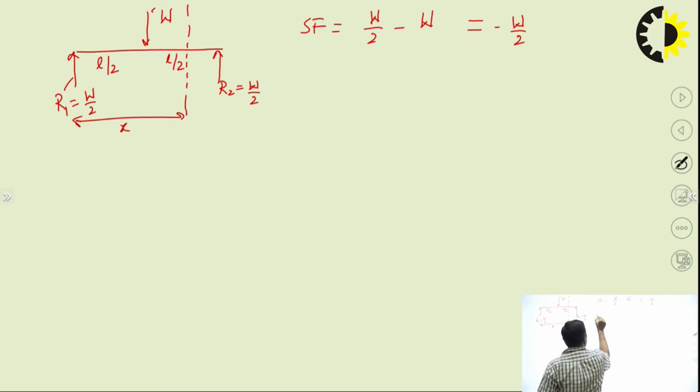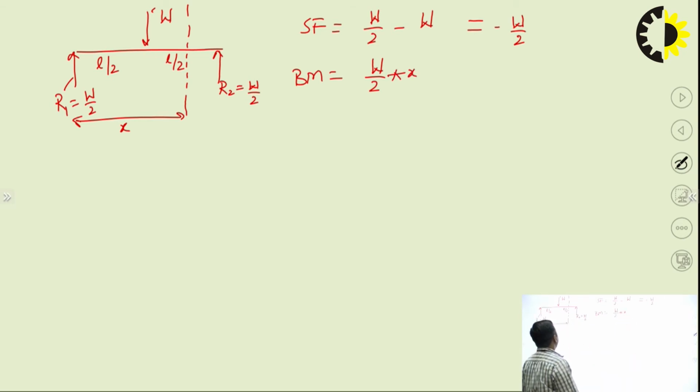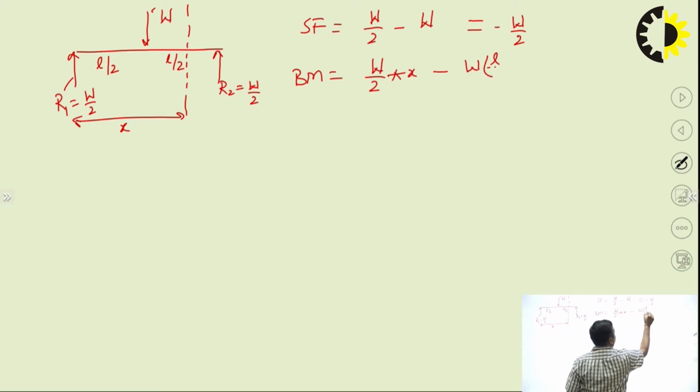The bending moment equation I will be writing here. It is also the algebraic sum of all the moments: W by 2 into x minus W into (x minus L by 2).